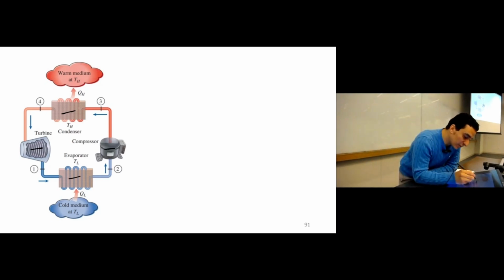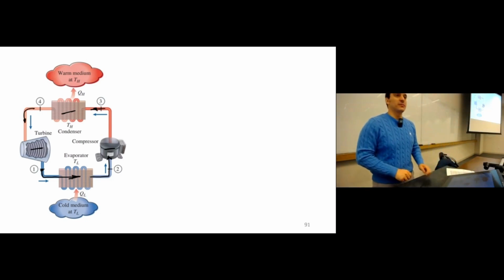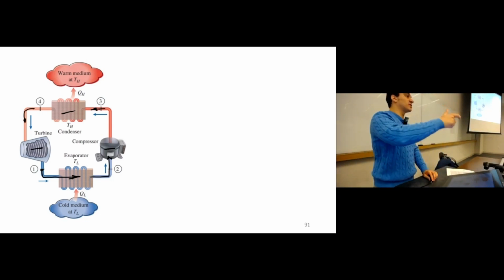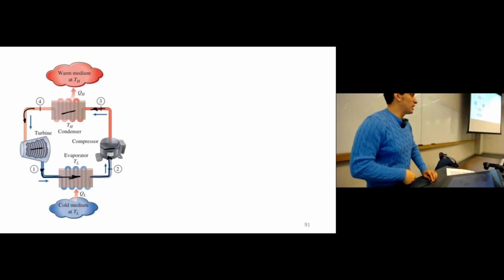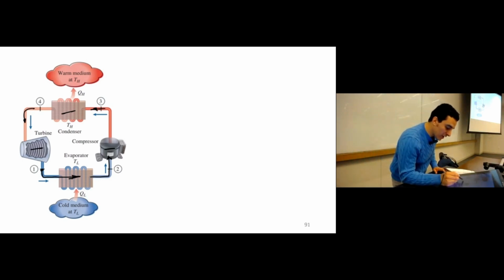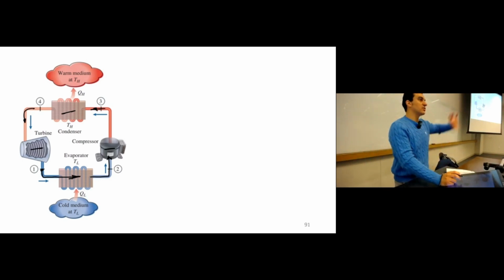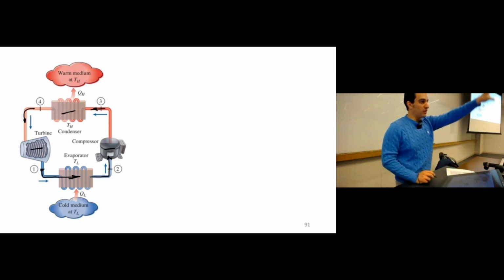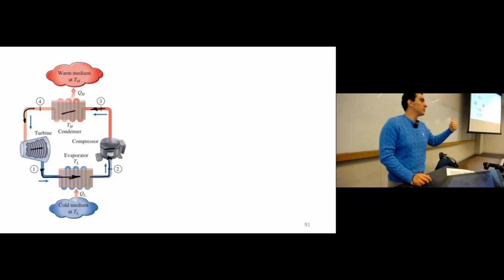So the fluid will go from the turbine to the boiler. After the boiler, it will go to the compressor. After the compressor, it will go to the condenser, and then it will go to the turbine and continue the cycle. This direction is the reverse of what we have in the power cycle. In the power cycle, we have the boiler or the evaporator, then the turbine, then the condenser, then the compressor. But here we are flipping it. So this is number one.